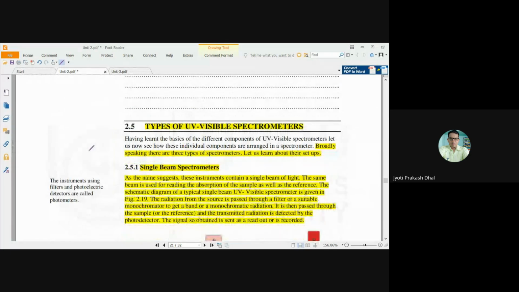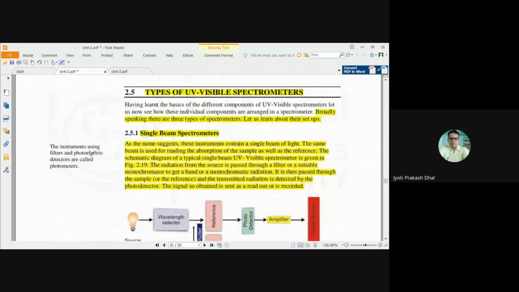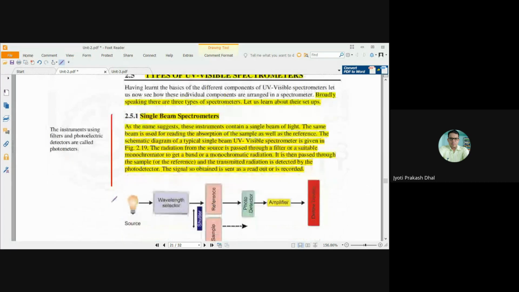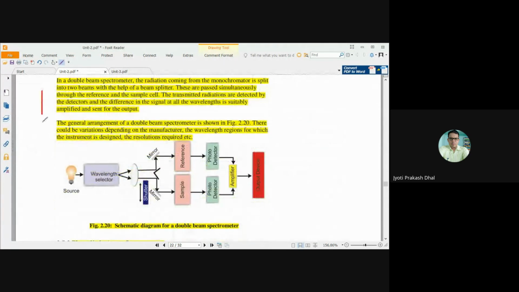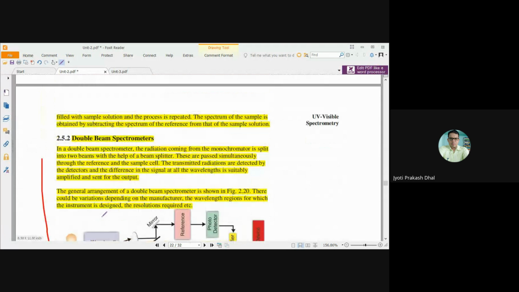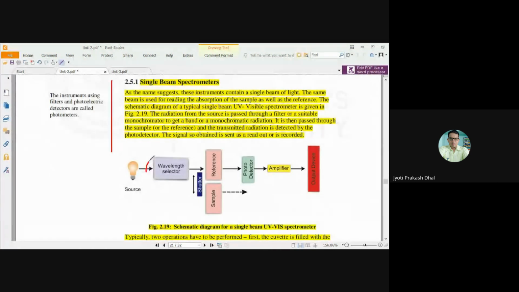Now coming to the types of instruments. The first one is the single beam spectrophotometer, and the next one is the double beam spectrophotometer. You can see that for the single beam spectrophotometer, only one wavelength will pass through the sample and reference.